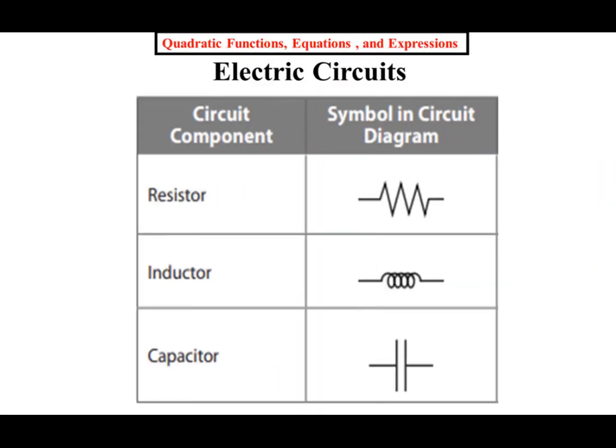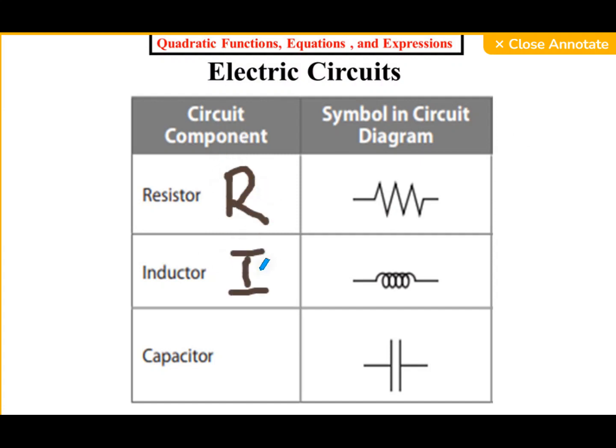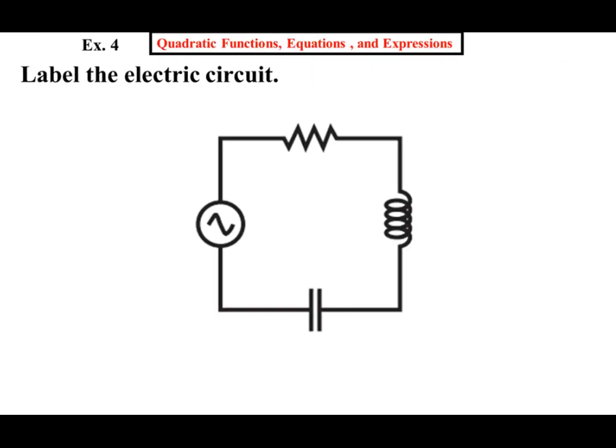I gave you a table where you copied the different components we're going to be looking at, which were the resistor, inductor, and capacitor. From this point forward, to shorthand it on our circuits, we're going to use the letter R for resistor, L for inductor, and C for capacitor. So far so good, yes?